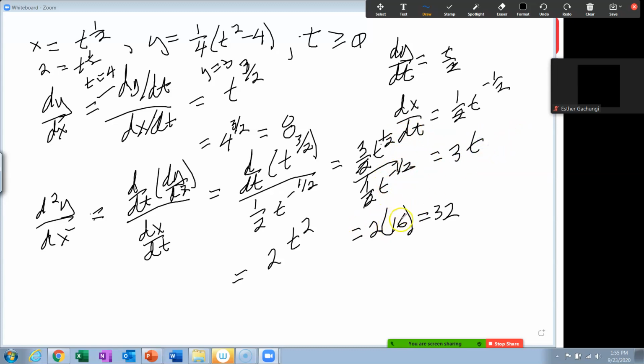Okay, so then not 2t squared, but 3t, which would be 3 times 4, equal to 12. Okay, and that is greater than 0, so it's concave up. All right, sorry, I sort of messed that one up.